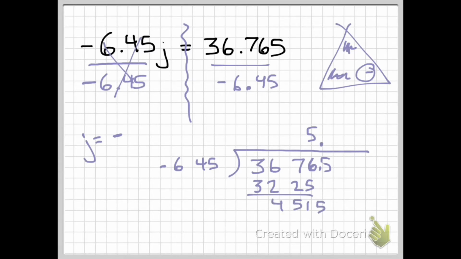And then here we can see that this is going to go into this 7 times, and it goes into that evenly. Right, so our final answer is negative 5.7. Right, so a lot of combinations of what we've already done. Take your time, and it should be rather long, but rather straightforward.